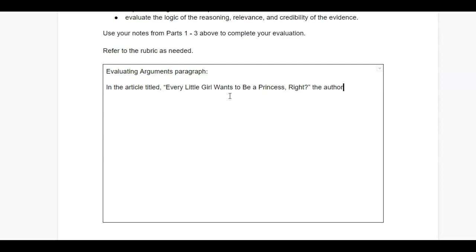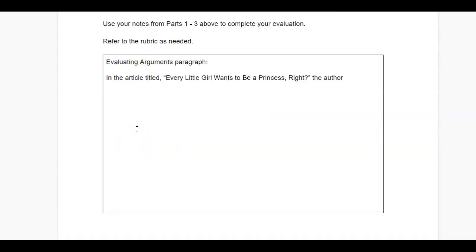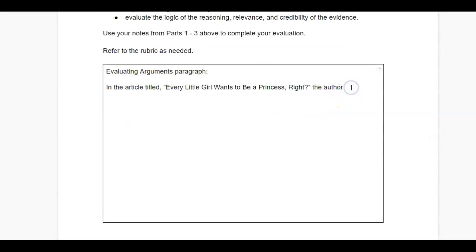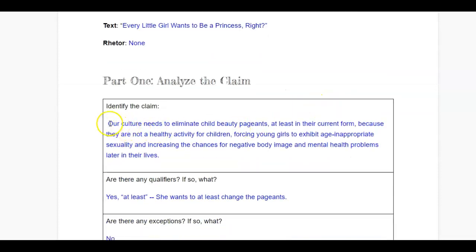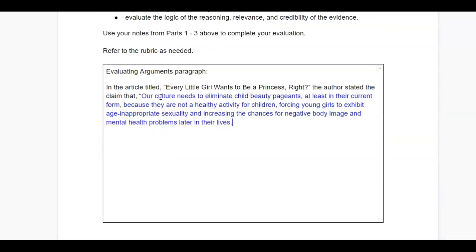The author, because remember yesterday we said we don't have an author, we don't have the rhetor, so we don't know who it is, so we can just call them the author. The author stated the claim that, and then again I could go down and copy and paste the claim. And I could put that in quotation marks since it's straight from the text.